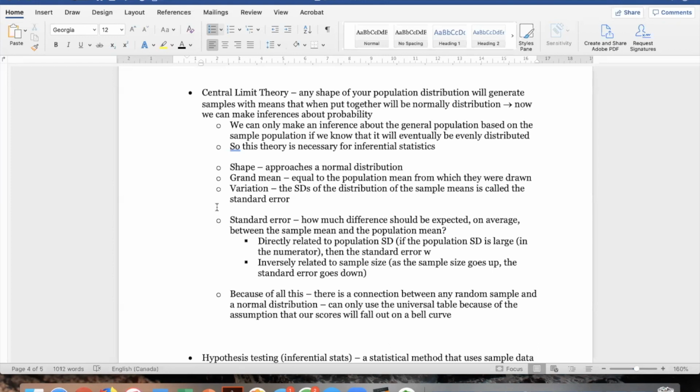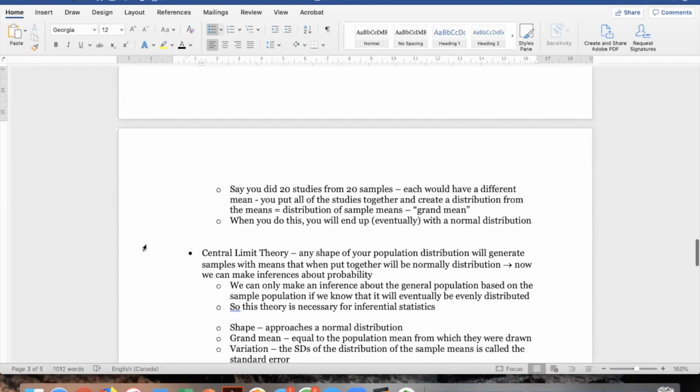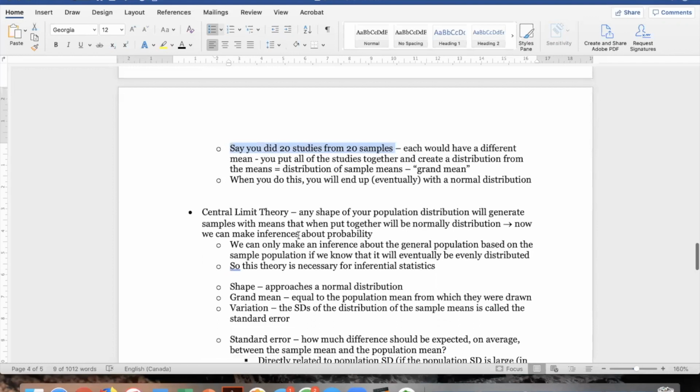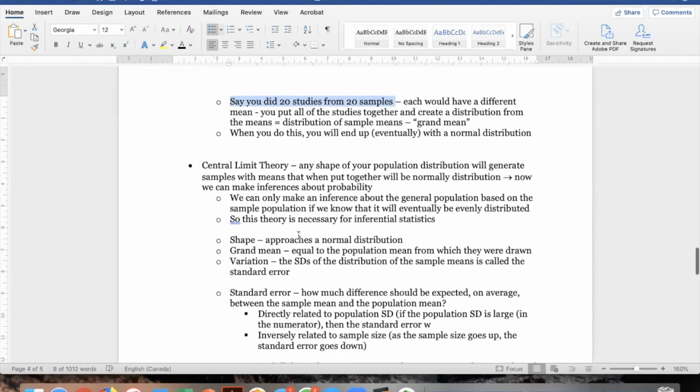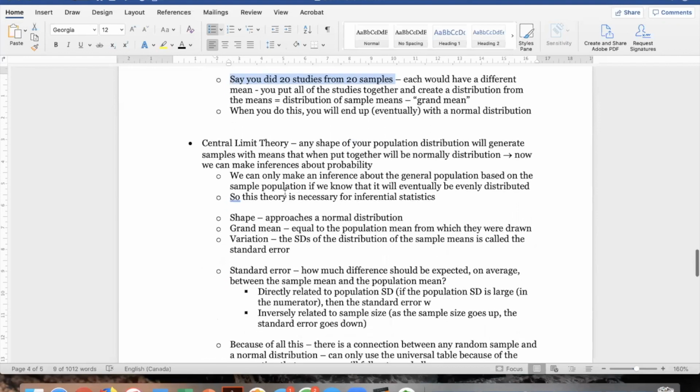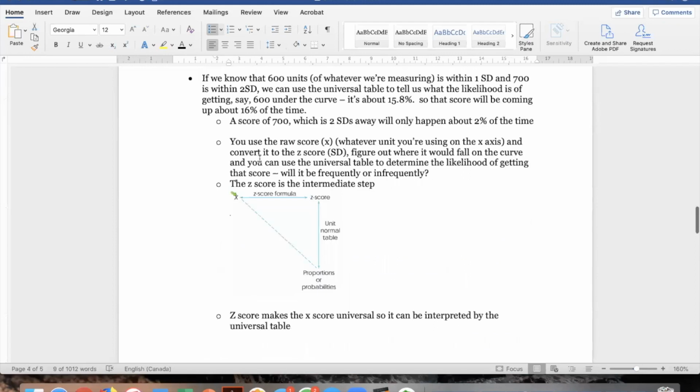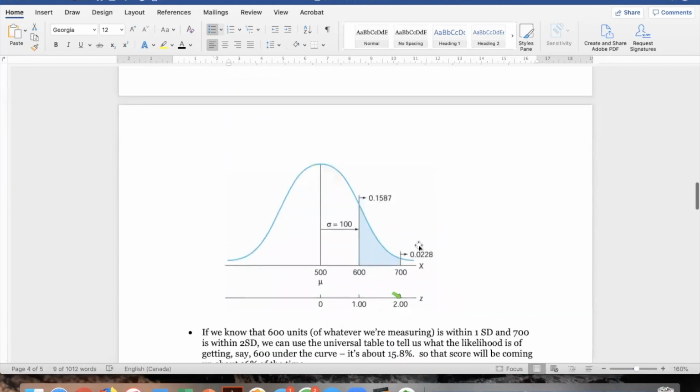So the fact that the more samples you get, we talked here about you're doing 20 samples from 20 studies, go with the vaccines and autism. I feel like that's a simple one. If you only have 20 studies, it may not look like a perfect distribution curve, right?